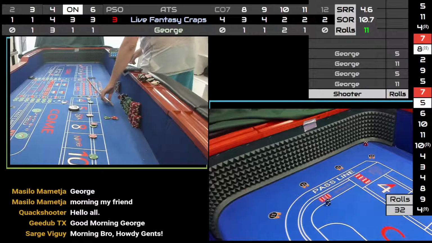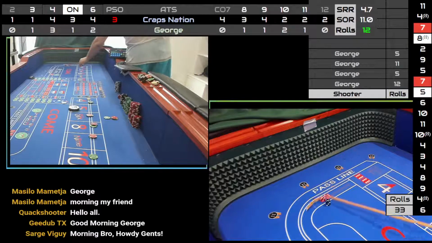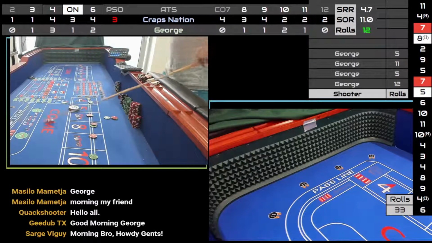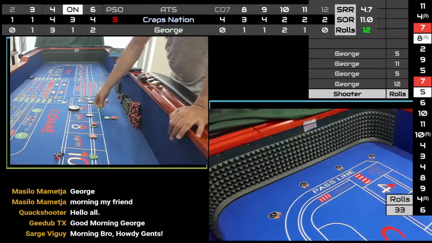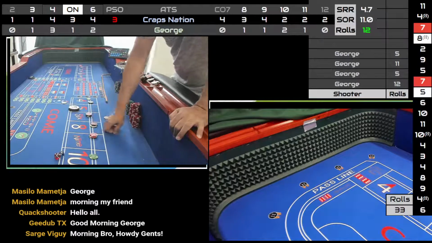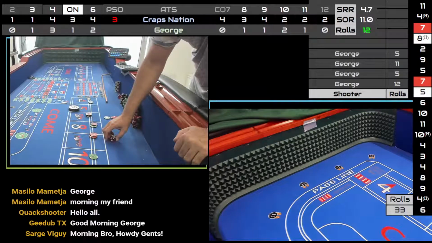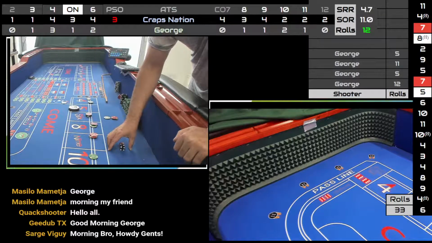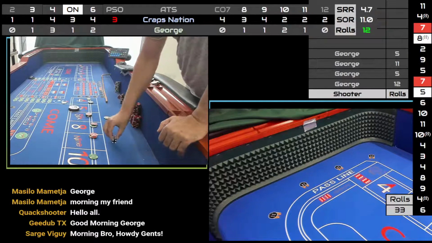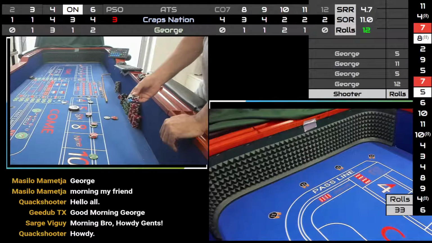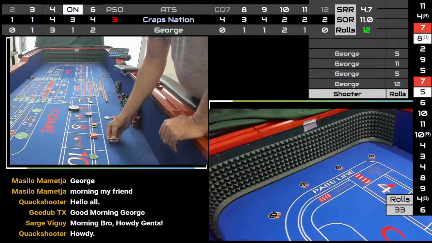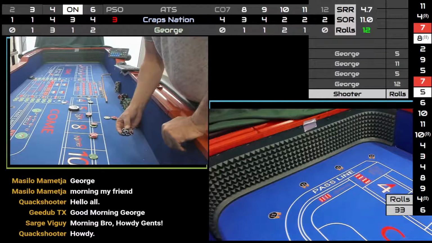One, 5, 6. I'm gonna stay on the 2626 for the aces, if I can do that, because I do have an interest in the ATS.